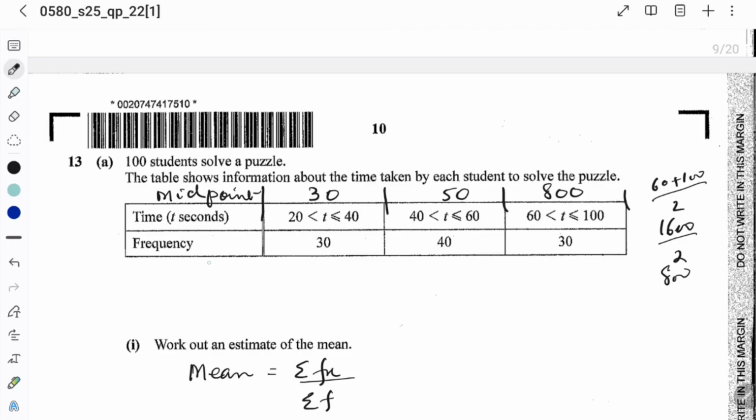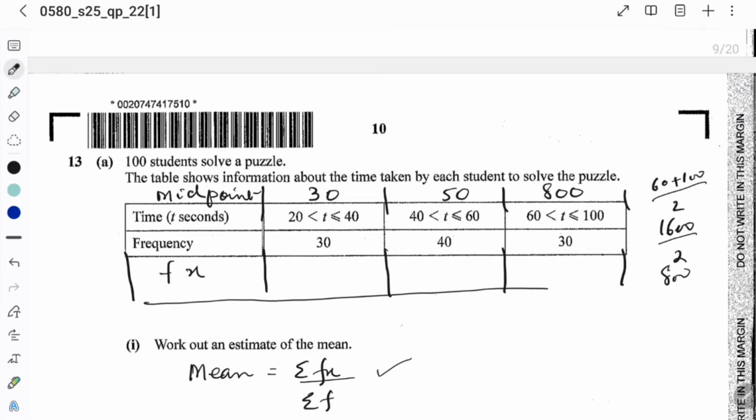Now here fx, and if you want to do it here, you can. If you write it in the table after multiplication, it's easy multiplication, it's a paper 2 question. So the midpoint is your x and this is your f. Just multiply 30 times 30, 50 times 40, 80 times 30, and add them together to write in the numerator.